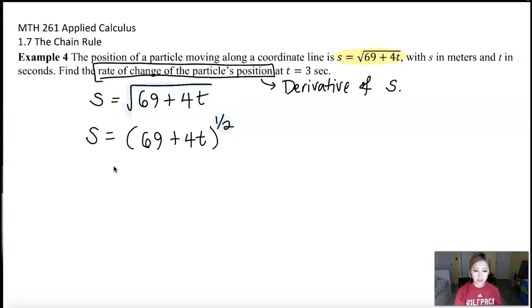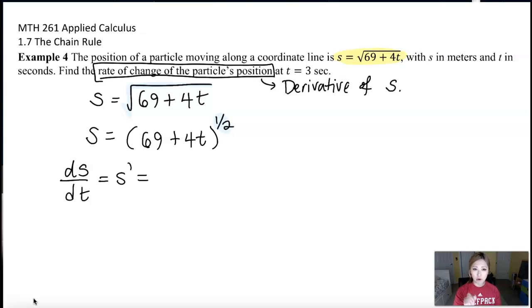Let's find ds/dt, in other words, s prime. Let's find how fast this position is changing with respect to time.